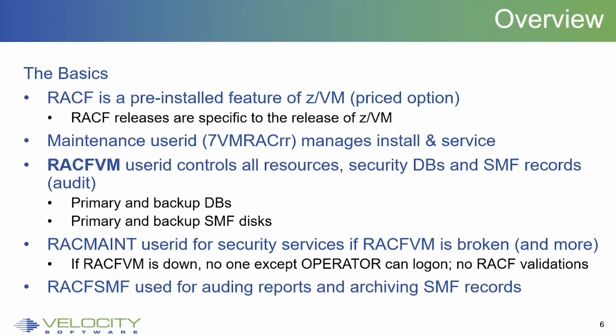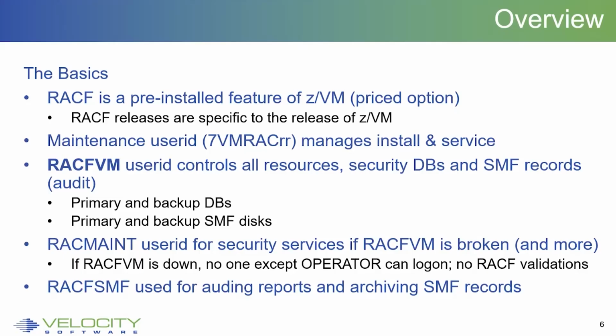RACFVM, that's the user ID that controls pretty much everything on the z/VM system. All the resources, all the databases, all the SMF records or the audit records. That RACFVM ID is what CP talks to in order to make decisions on security requests.